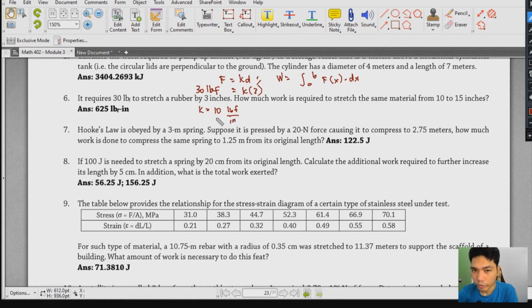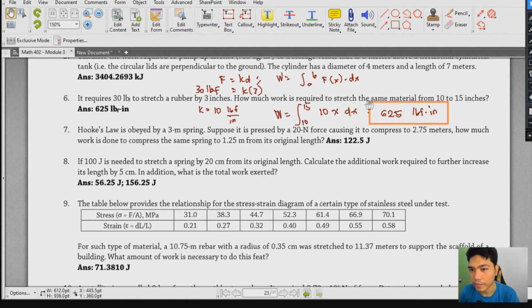So from this, you already have the value of K. But what will your equation be? Therefore, from this, the work would be equal to the integral from 10 to 15 of 10x dx, so this gives you 625 pound force inch. Okay? So that's how it's solved when you have Hooke's law.